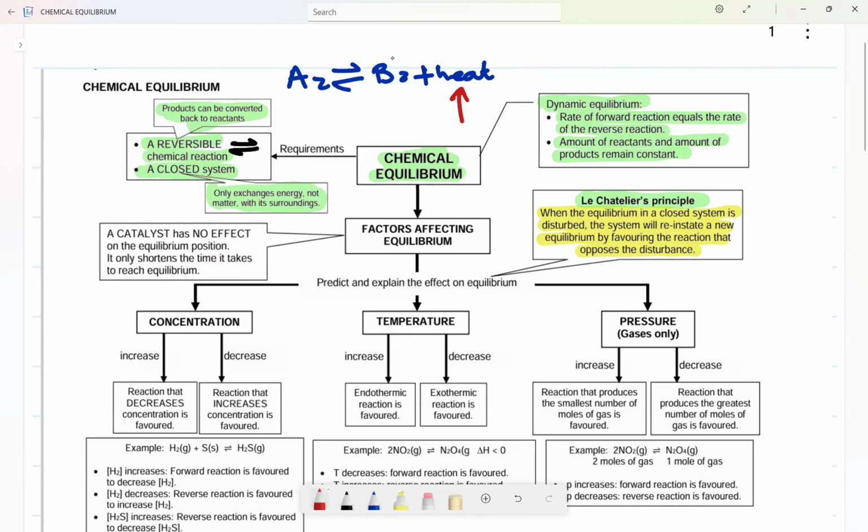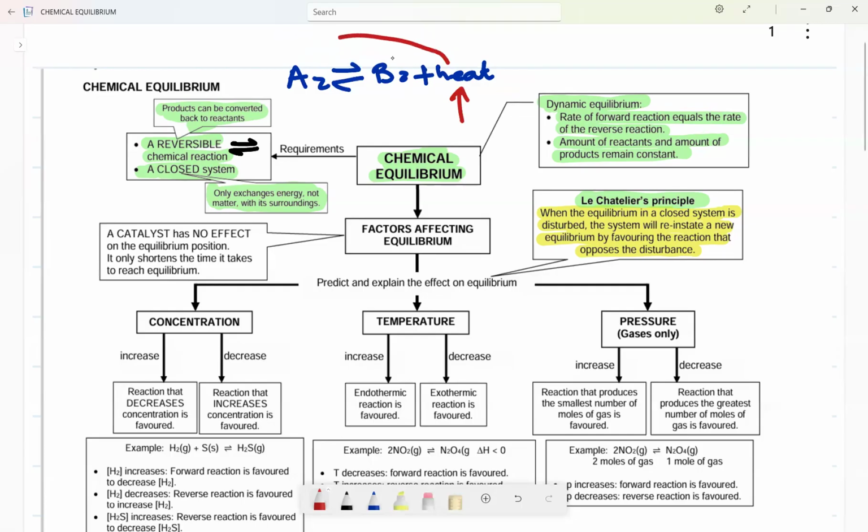Now, what will happen? There will be more heat on the right-hand side, but that's not what we want. Rather, Le Chatelier will say, okay, let's oppose that disturbance, the disturbance of us adding heat on this side, by taking this heat and transferring it to the other side, so that we have a balance in heat and I do not have more heat alone.